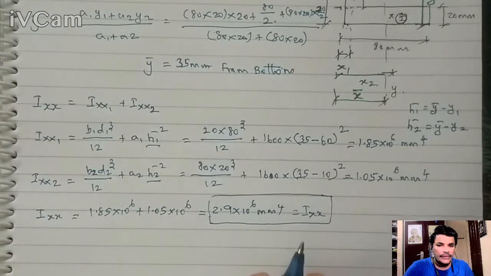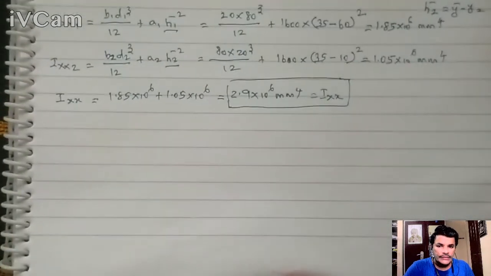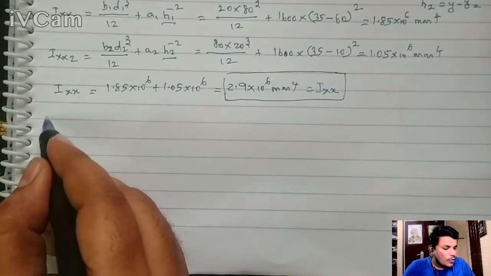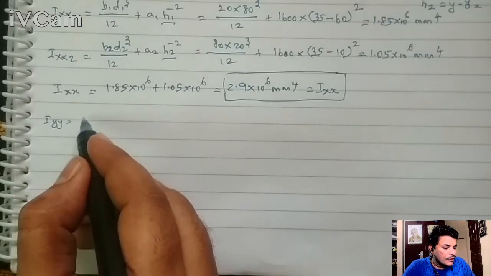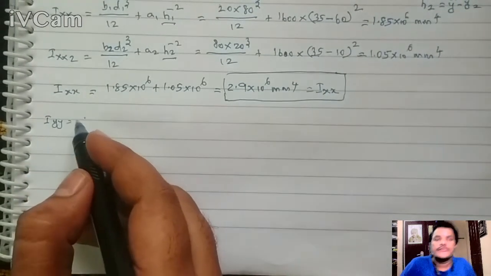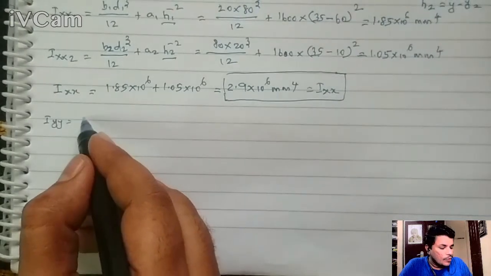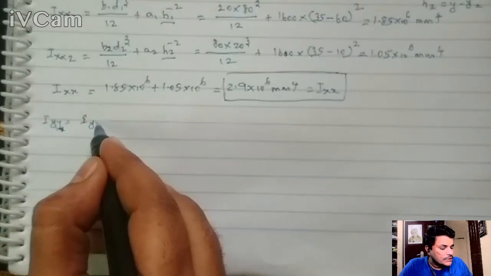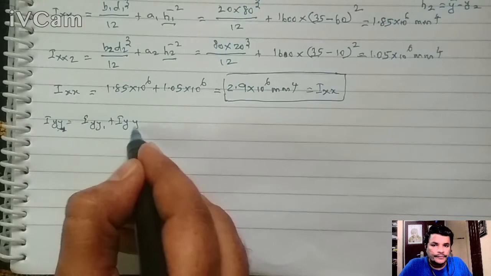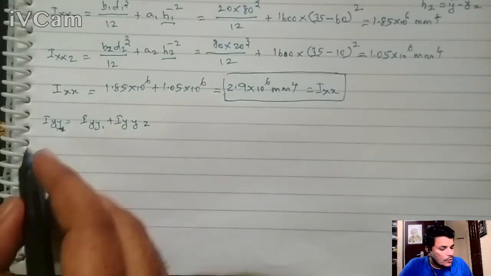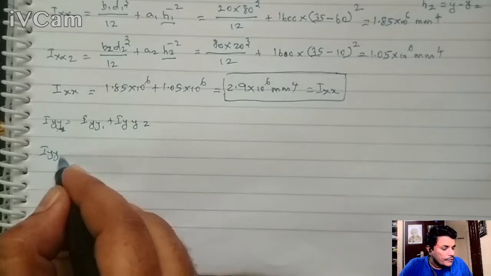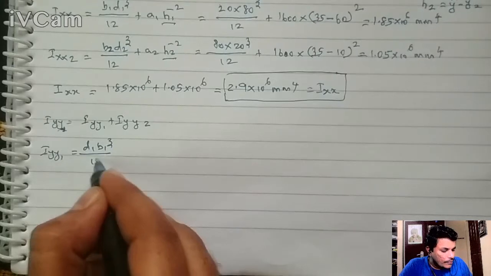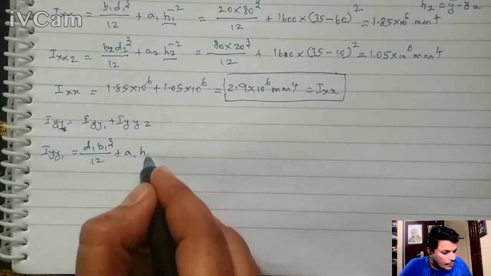Similarly, I need to calculate the moment of inertia about YY axis. So the same formula, that is Iyy, which is equal to d b cube by 12. If it is Ixx it means b d cube by 12. Iyy equal to Iyy1 plus Iyy2. So Iyy1 is equal to d1 b1 cube divided by 12 plus a1 h1 bar square.